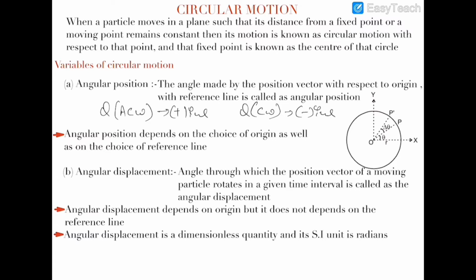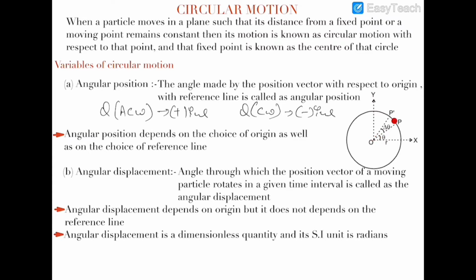The angular displacement. Angular displacement is the angle through which the position vector of a moving particle rotates in a given time interval. In this same diagram, at some time t the particle is at point P and its angular position is theta.